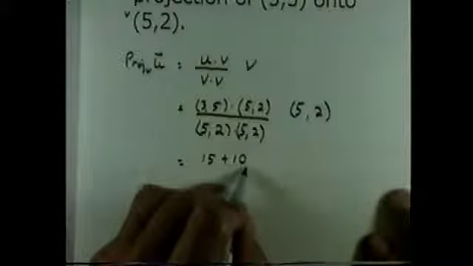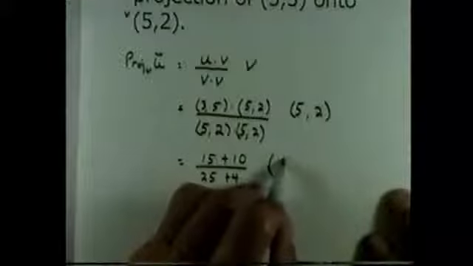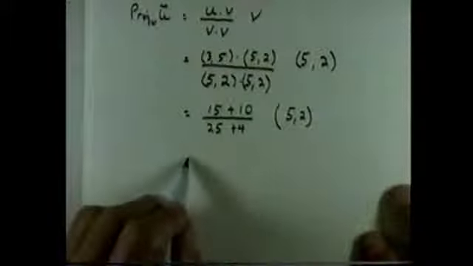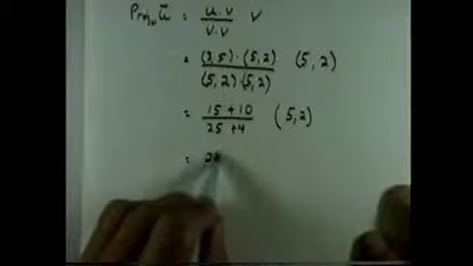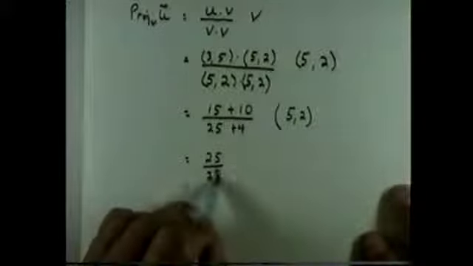Well, this would be 15 plus 10 over 25 plus 4 times 5, 2. That's 25 twenty-ninths times 5, 2.